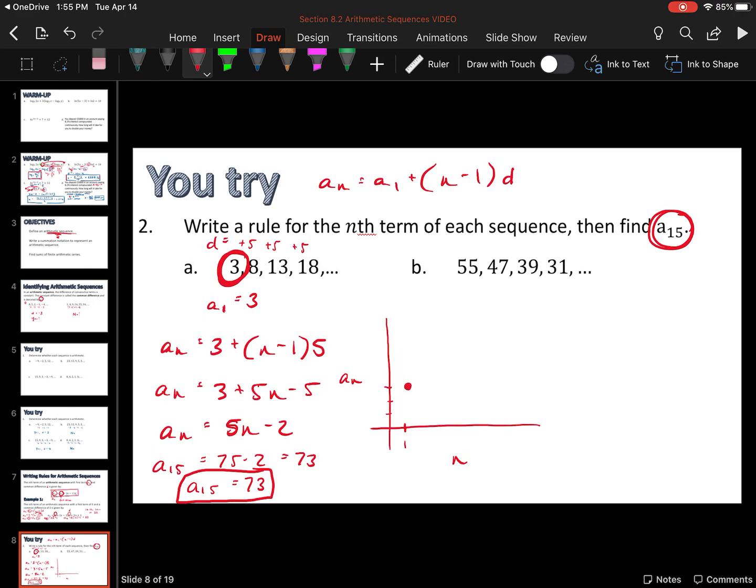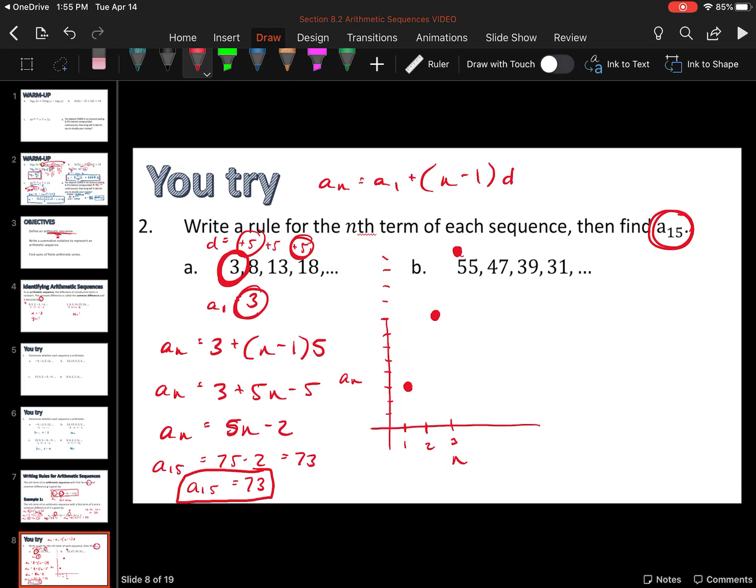Our second term is 8. Our third term is 13. It would look something like that. And if you keep graphing this, it kind of looks like a line. Your slope is 5, and your y-intercept, or where we started out, now not technically your y-intercept here, is 3.